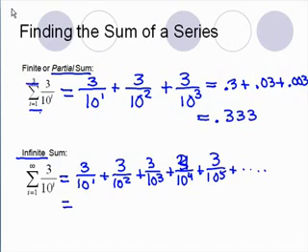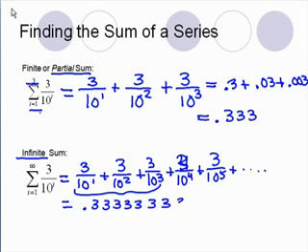When I did the first 3 terms, I got 0.333. Now if I keep going, I'm just going to keep putting additional 3's on the end. That is equal to 1/3. So we've just taken the sum of an infinite series.